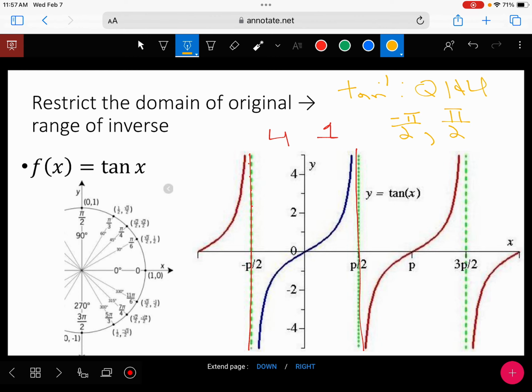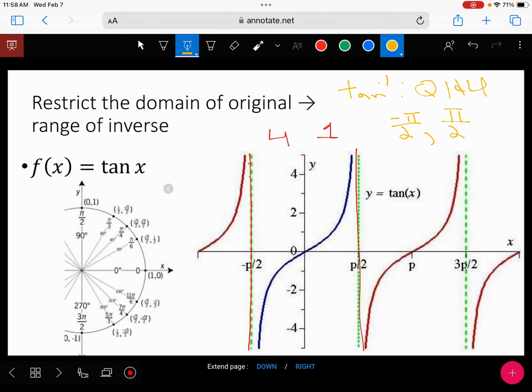What's our tangent at pi over 2? Anyone remember? Undefined, yep. Remember, it's a straight up and down vertical. 1 over 0, undefined. What's our tangent at negative pi over 2? Undefined. Negative 1 over 0. So we went through all this work to make sure all of our outputs have exactly one input and all our inputs have exactly one output. But here, pi over 2 and negative pi over 2 are both undefined.